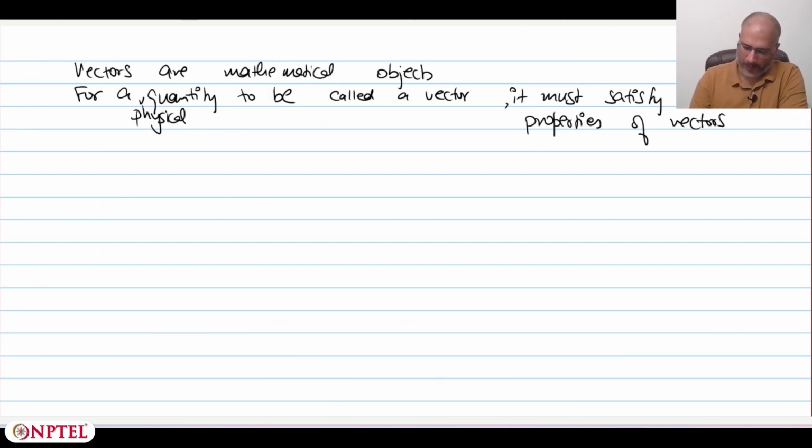So a vector V is typically denoted using three components in a three-dimensional space. We call them Vx, Vy, and Vz. These are the three components of the vector V in the three directions.